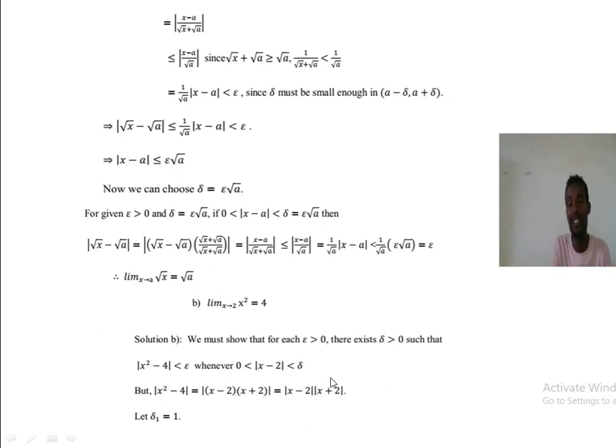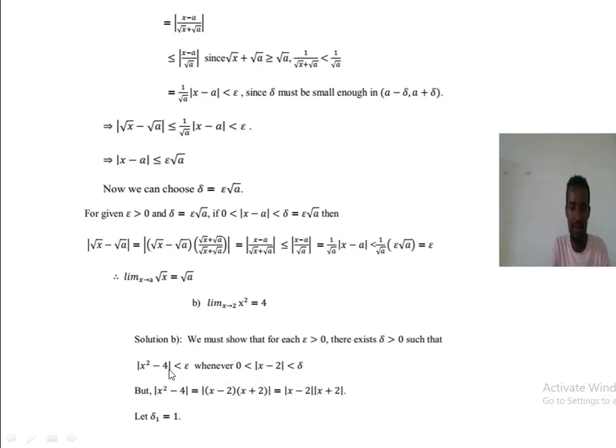Don't confuse that. This is the same as: if 0 is less than absolute value of x minus 2 less than delta, then absolute value of x squared minus 4 is less than epsilon.